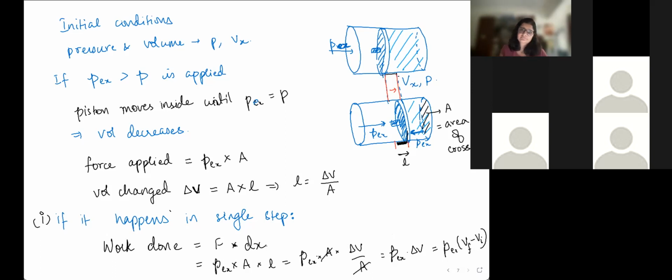Ma'am, I have a small doubt. I could be wrong, but if the piston does become equal to the external and the internal pressure, wouldn't the particles try to be as free as possible so that they don't apply a lot of pressure? Wouldn't that actually be an imbalance only? What?